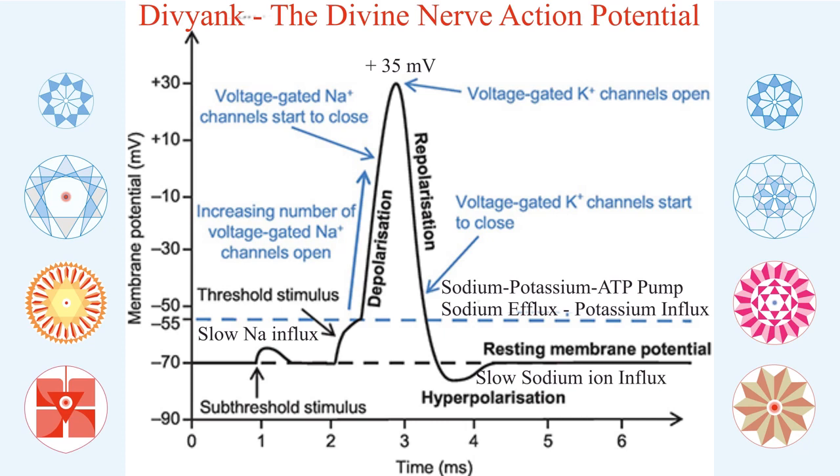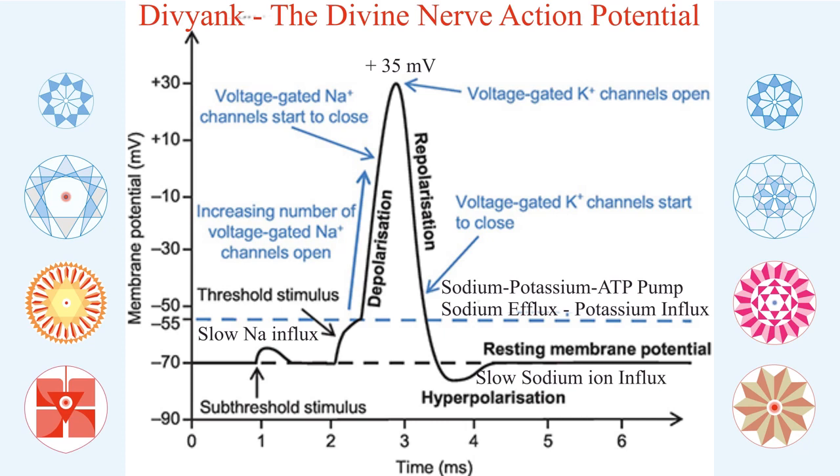If it's a graded potential, slow sodium influx into the cells from extracellular to intracellular takes place, very gradually. But the very moment it touches -55 from -70, you reach the threshold value, and then there is a fast increase in flow of sodium through the channels, and there is a sharp increase which can go up to plus 35 millivolts, and this ratio is again following the Divyank ratio.